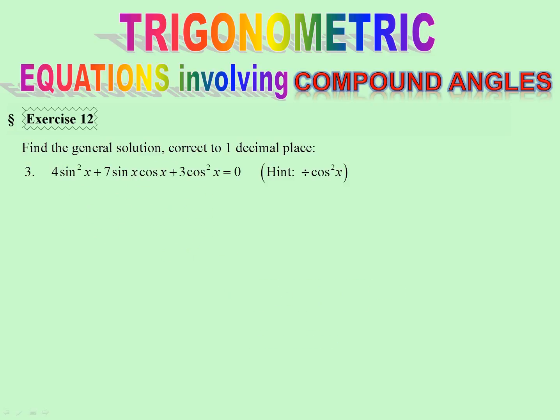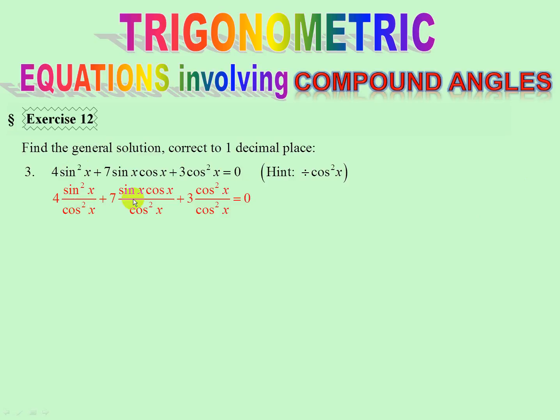Next question. What is happening here? Sine squared, sine cos, cos squared. Now, we could factorize into two brackets, because it's like having 4a squared plus 7ab plus 3b squared, and you have factorized those before. But here's a hint for you. Divide through by cos squared x. So we end up with sine squared over cos squared.